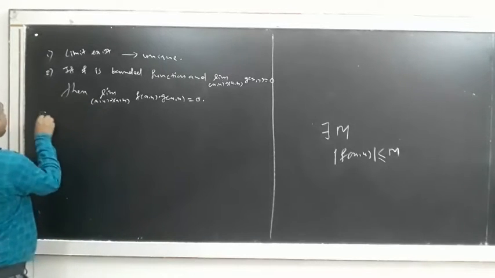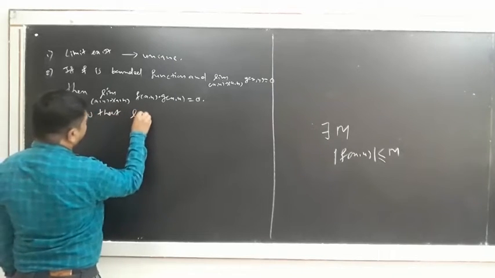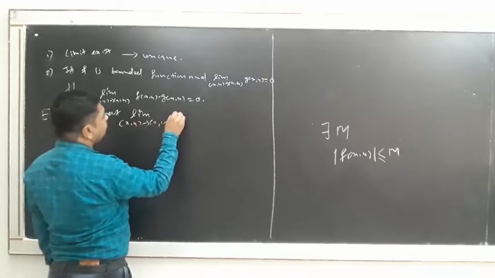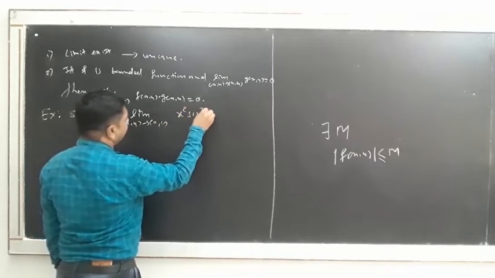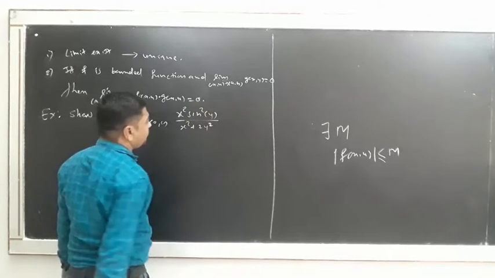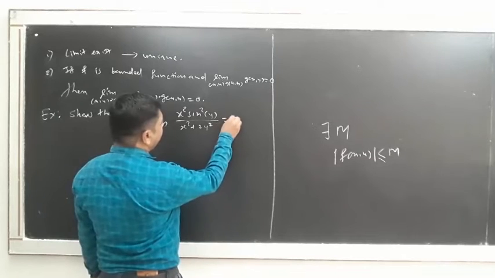Suppose we take an example. Show that limit (x,y) tends to (0,0) of x square sine square y upon x square plus 2y square is equal to 0.